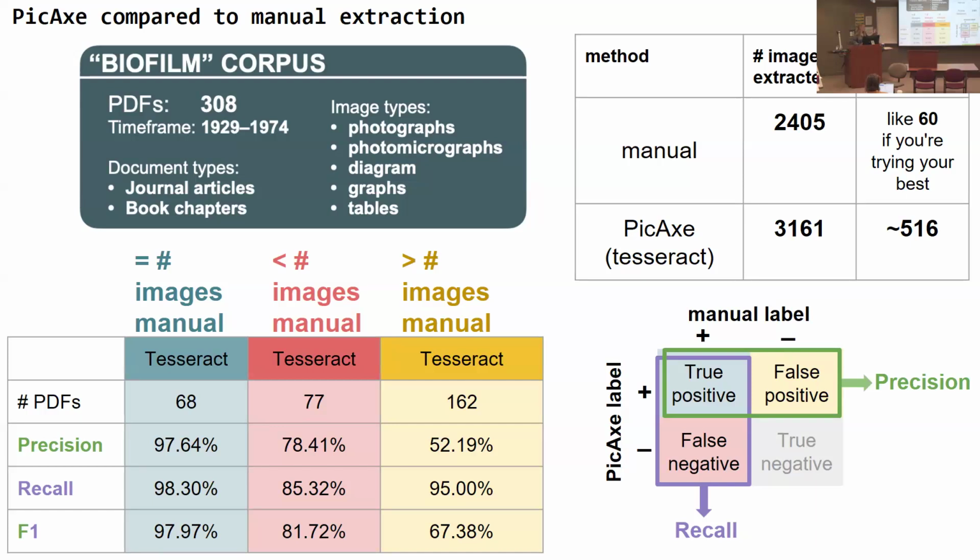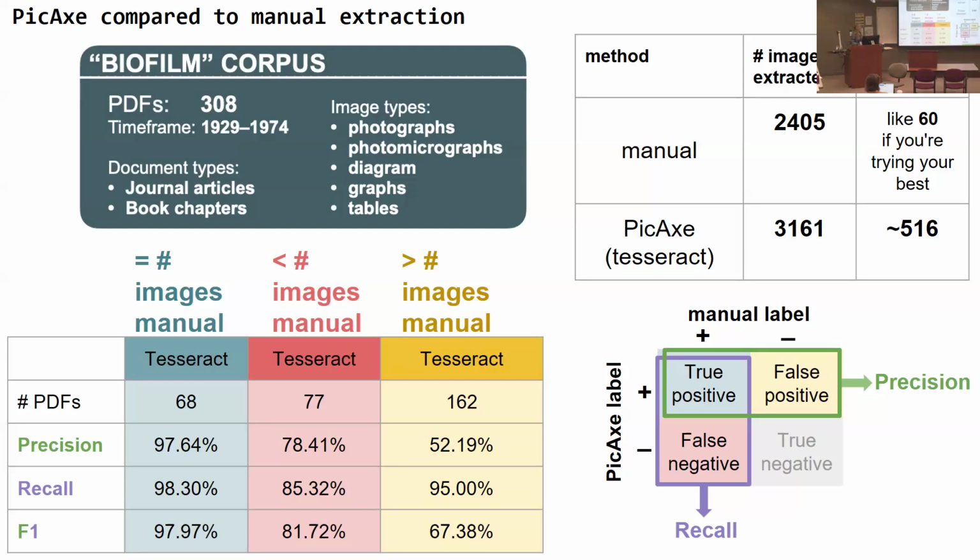So that would be hopefully perfect extraction that matches a manual extractor. There are instances where it extracted fewer images than the manual extractor, and that's bad because it means it totally missed something. And then there are cases where, and this was almost half of the cases, it extracts more images than a manual extractor would extract.